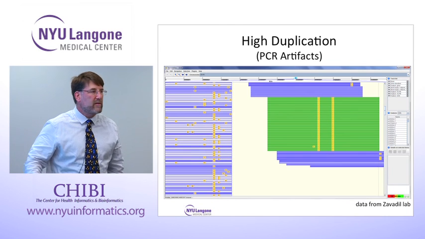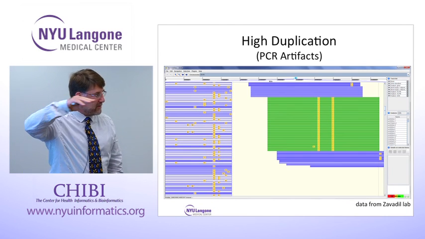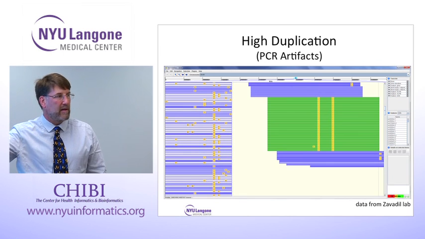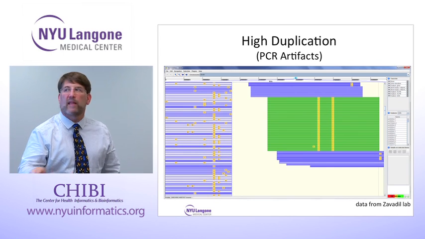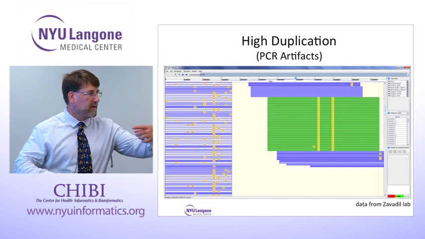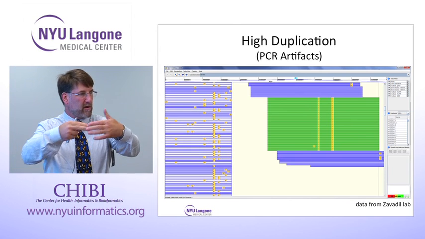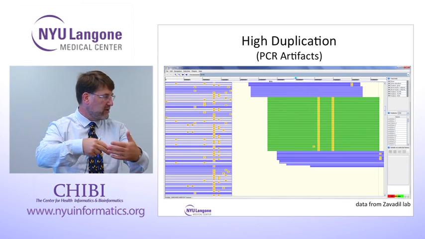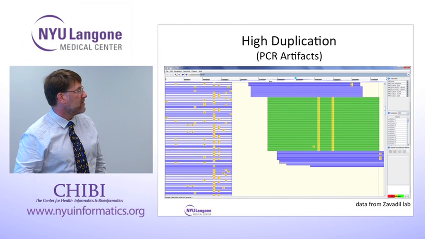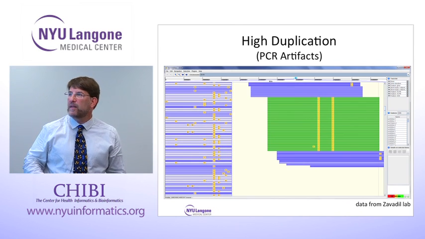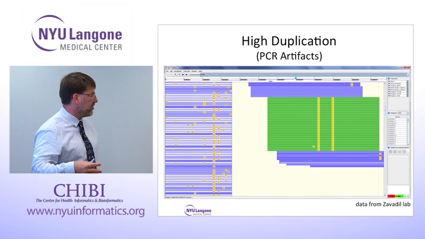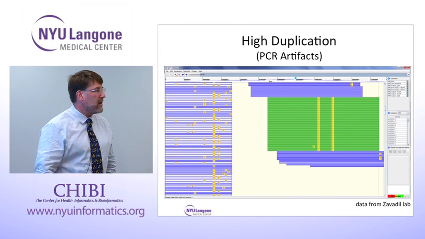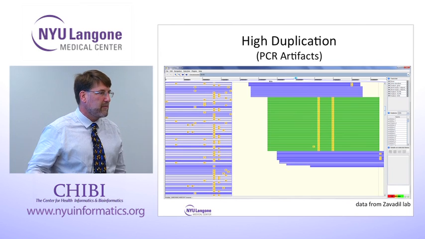And if you eliminate all duplicates, then you put an absolute ceiling on your coverage of twice the length of your read. You can have exactly one set of reads overlapping each other going in the forward direction, and exactly one set of reads overlapping by one base in the reverse direction. So if you eliminate duplicates, then you put a ceiling on the number of reads. We could still do that. That would reduce this problem somewhat. But you should at least know that the problem exists.